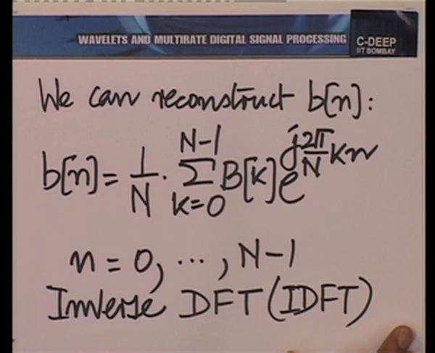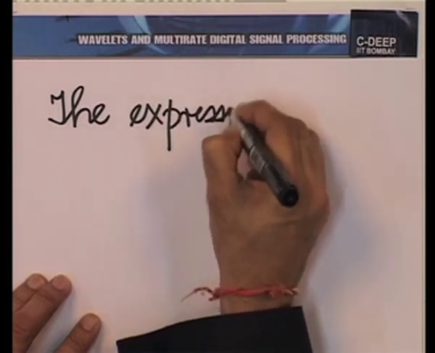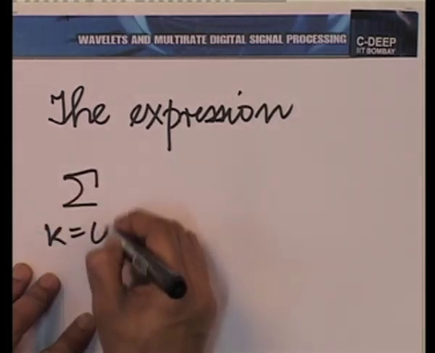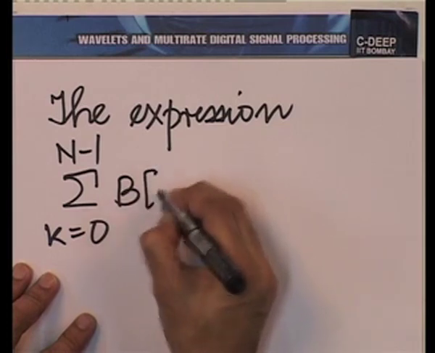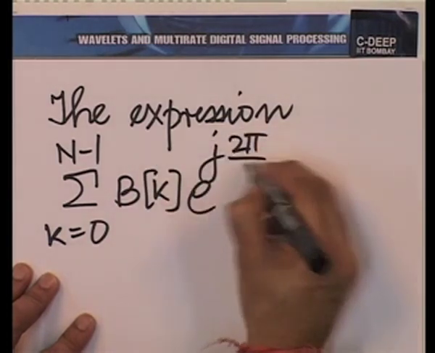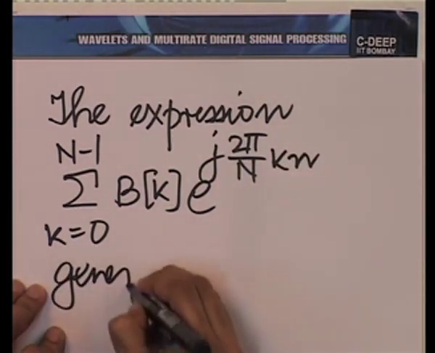So, what I am saying is, if we use this expression, summation k going from 0 to capital N minus 1, capital B of k e raised to the power j 2 pi by N k n generates a periodic sequence.